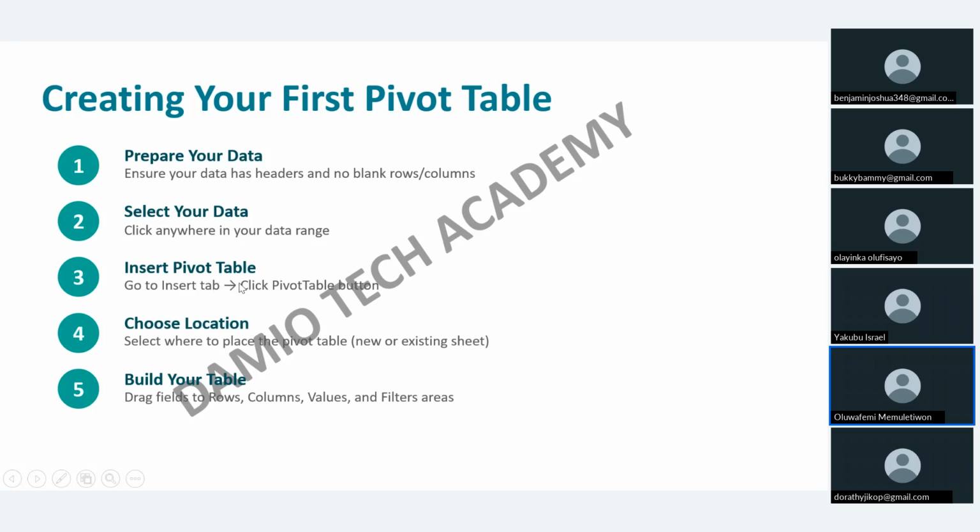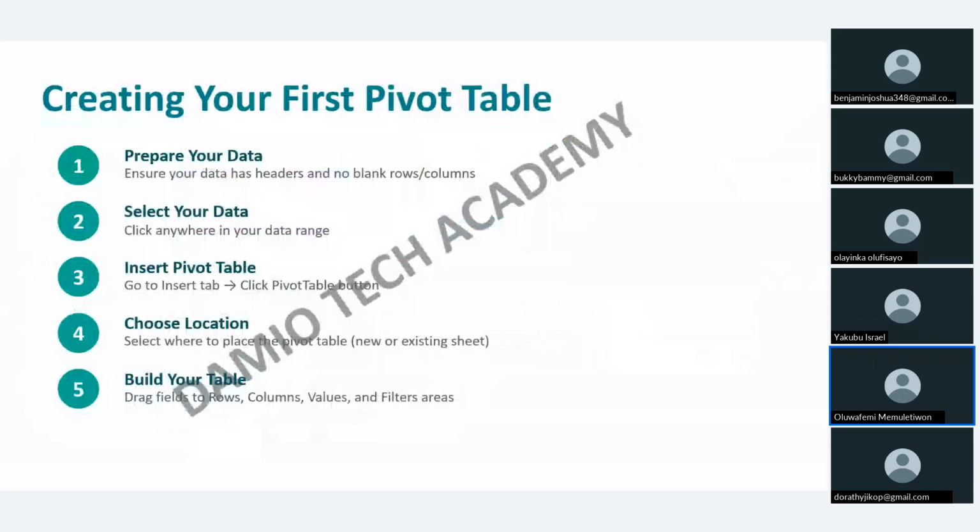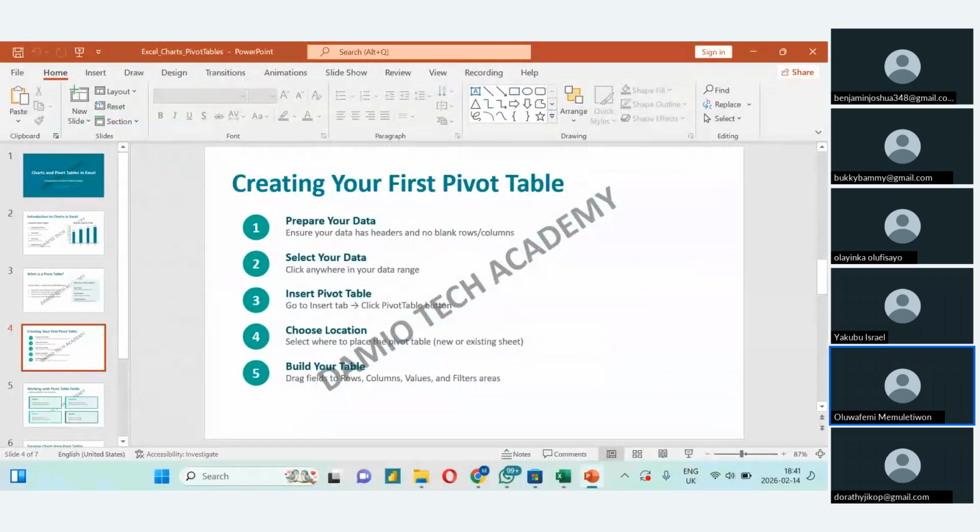Please, I'll need those of you that have Excel on your laptops to confirm on the group chat, at the end of this tutorial, if you can see the pivot table tab. Let me close this so you can see it.